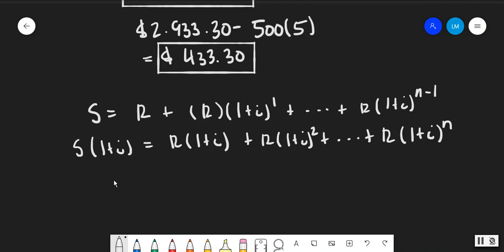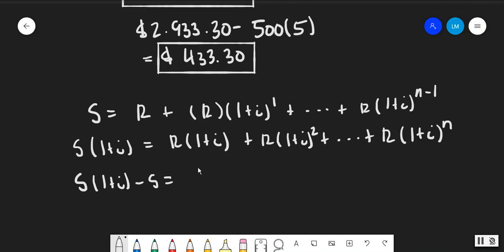Okay, so what I'm going to do is I'm going to subtract these two. So when I do that, I'm going to actually end up with, let's see. I'm going to subtract S. So S times 1 plus I minus S is equal to, okay, so basically we have that everything else will cancel out essentially.